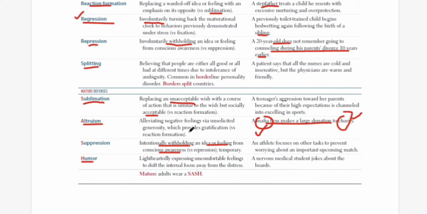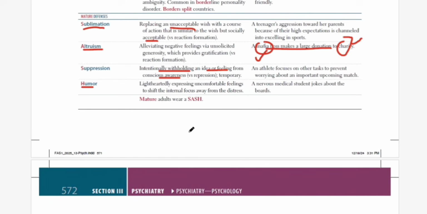Lastly, we have humor. Humor is basically when someone uses jokes or lightheartedness to deal with uncomfortable feelings or stressful situations, right? If there is a stressful situation and you make a joke of it, you relieve your anxiety.